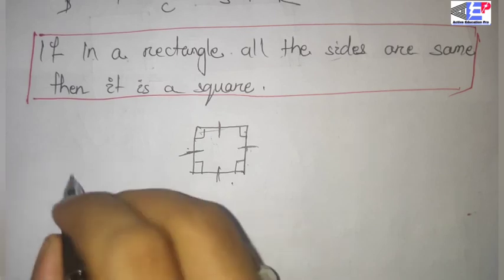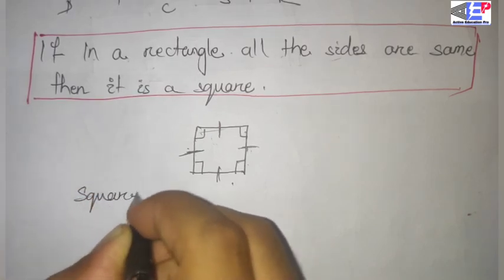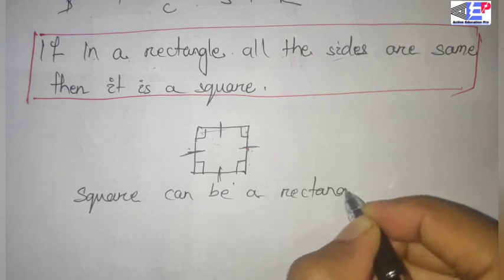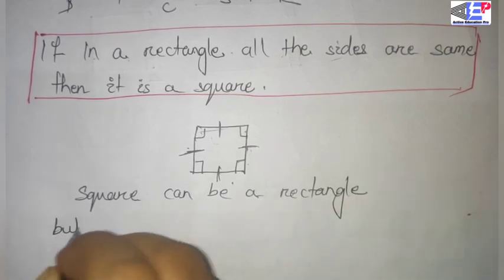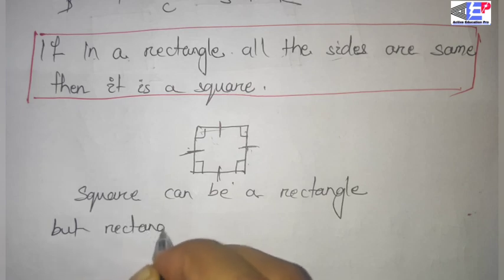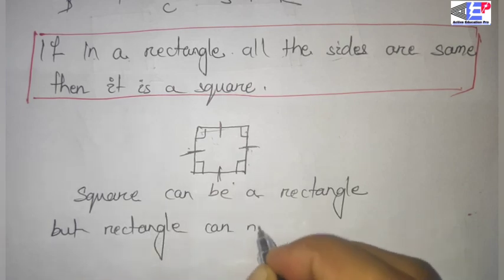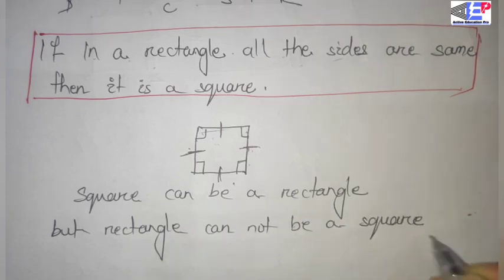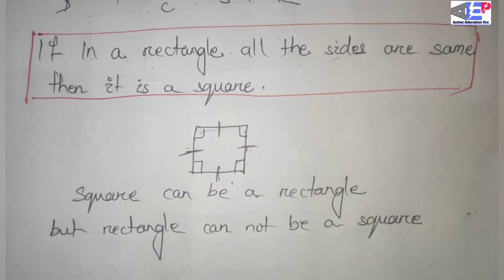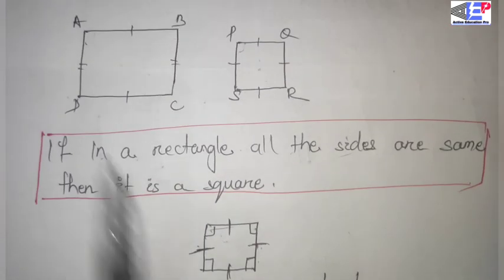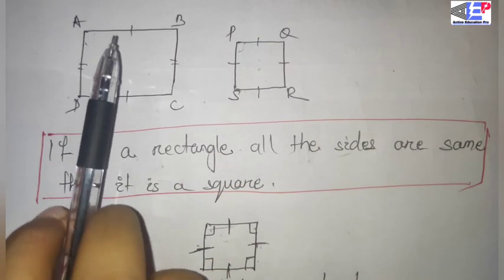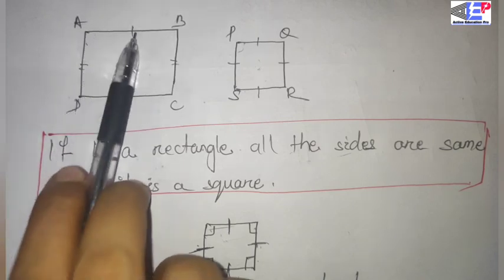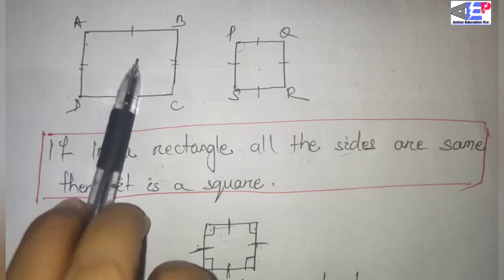So you can write here, square can be a rectangle, but rectangle cannot be a square all the time. Again I repeat, if in a rectangle all the sides are same, that is length and width are same, then this rectangle is a square.